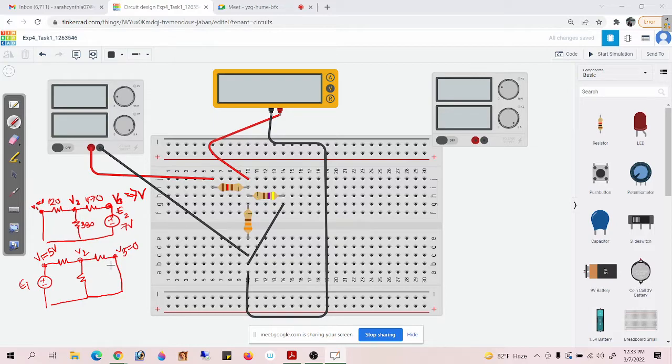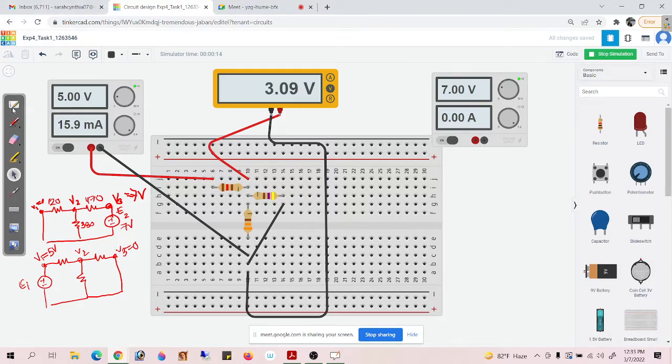So let us start the simulation again. What does your multimeter show? Exactly, it shows 3.09 volt.